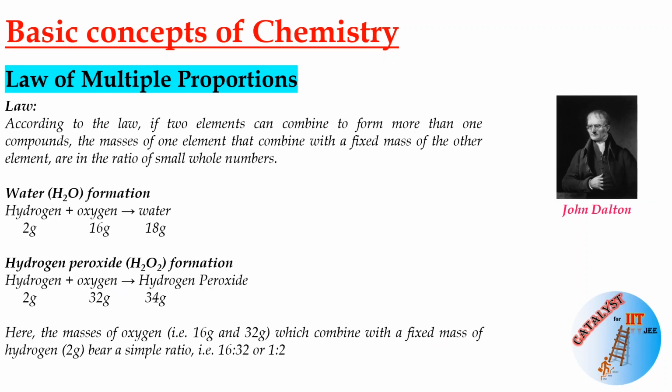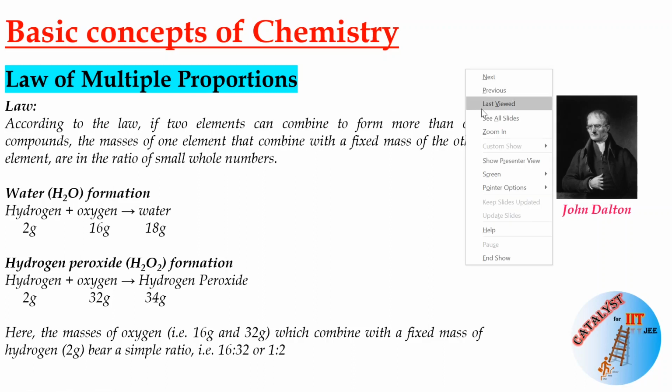The third law is the law of multiple proportions. The law of multiple proportions was proposed by John Dalton, and according to the law, if two elements can combine to form more than one compound, this is what you need to understand clearly.